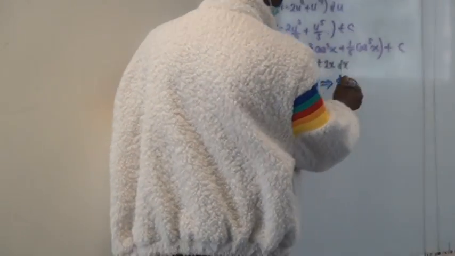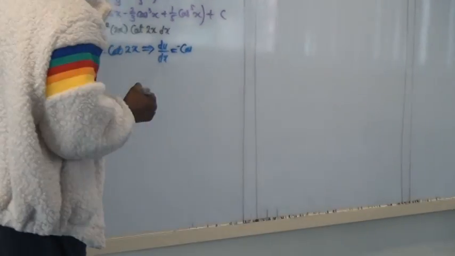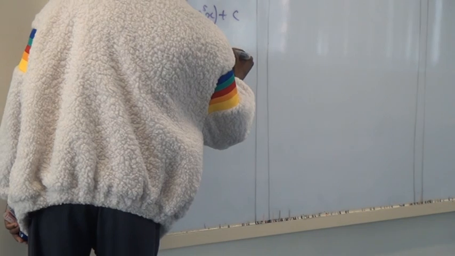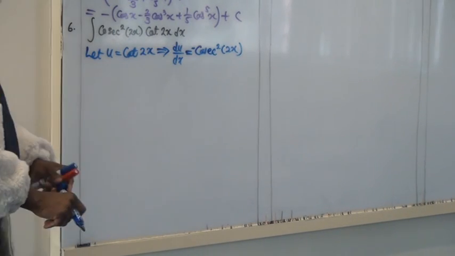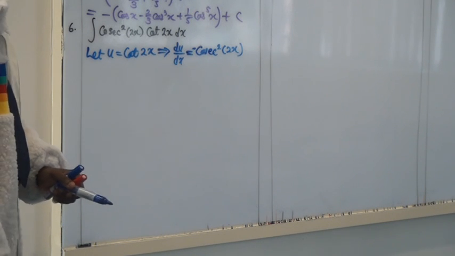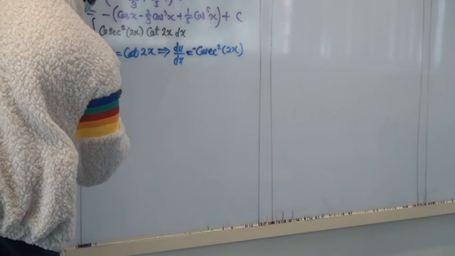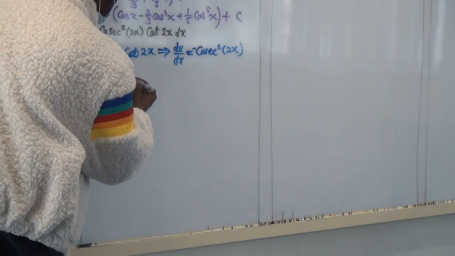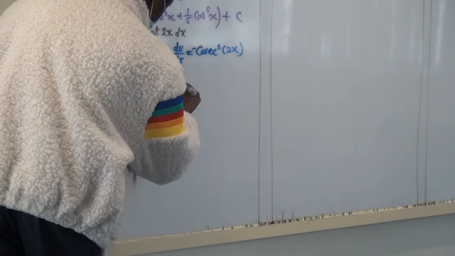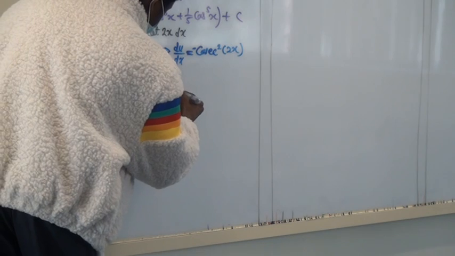Alright. So the derivative of this is negative cosec squared 2x. You don't have to memorize that, it's in your formula booklet, and we've talked about it before now. Which implies that if I want to make dx the subject, I'll be dealing with negative du divided by cosec squared 2x.